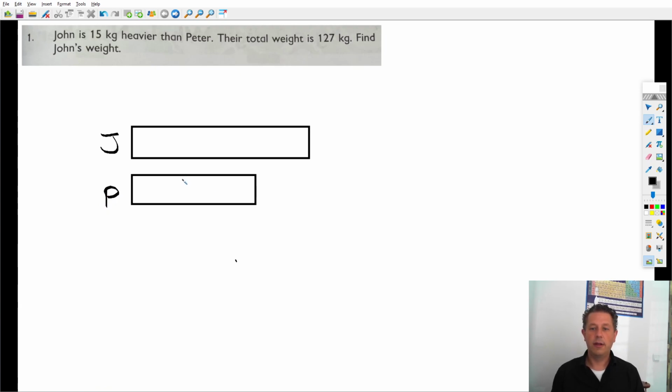There we go. Now, we don't have any information of how much John weighs, so that is actually a question mark. We also don't know how much Peter weighs, so that's also a question mark.